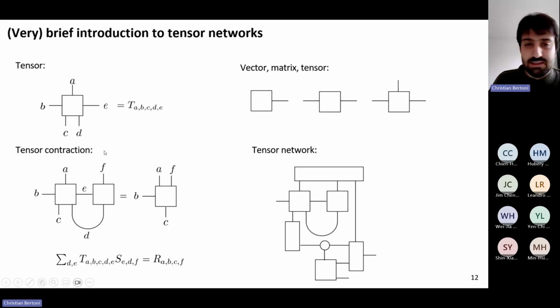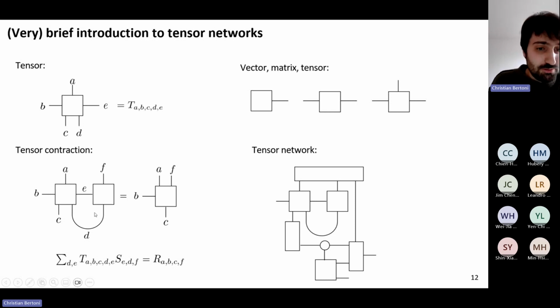So a tensor is simply an object with many indices, and we draw the object as a box and the indices as legs. And tensors everybody is familiar with are vectors, which are objects with one index, and matrices, which are objects with two indices. And anything with more than two legs, we just call a tensor.